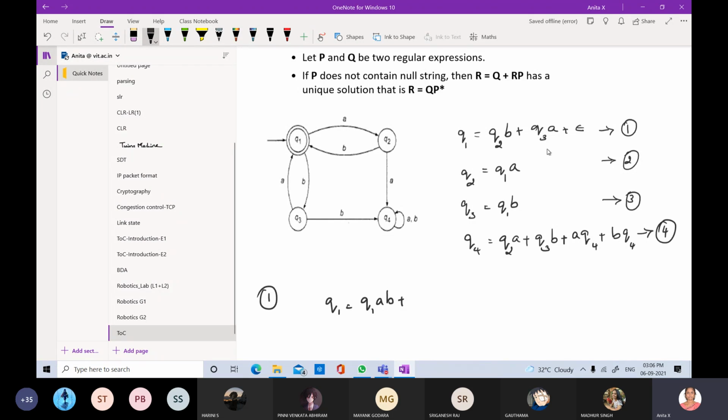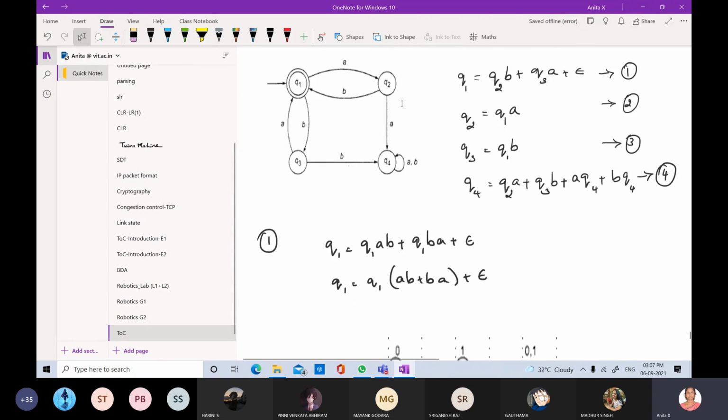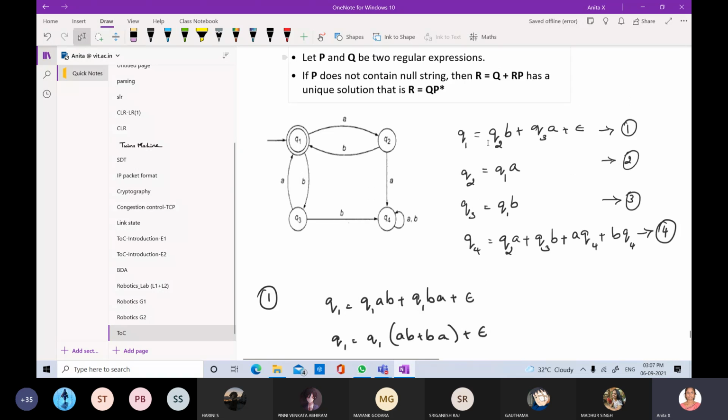Q1AB plus, instead of this Q3, I'm going to include Q1BA plus epsilon, right? So now Q1 is equal to Q1 AB plus BA plus epsilon, isn't it?